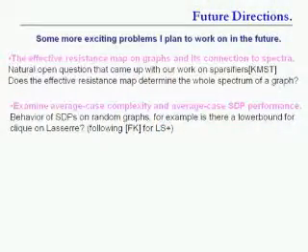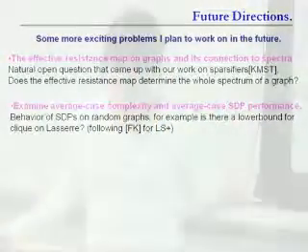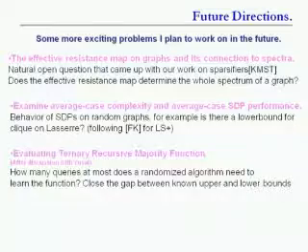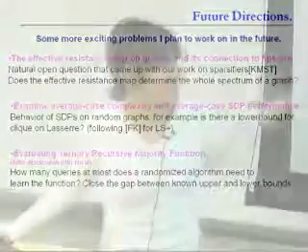Then I'm interested in random behavior, like random graphs' behavior on SDPs, in hierarchies and not hierarchies and whatever else. I've been looking at the clique problem for the last year. It turns out it's much harder than we thought as well. I mean, we have some half-finished work on that, but I don't think I even want to start digging into that right now. And then something that you've all suggested in the past, which I have been telling myself to work on, but then I've been busy with all this other stuff.